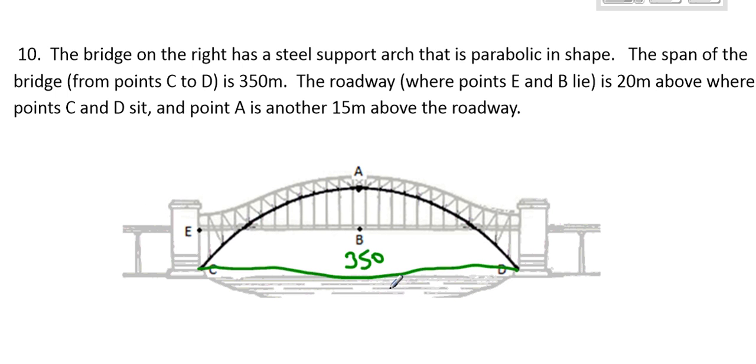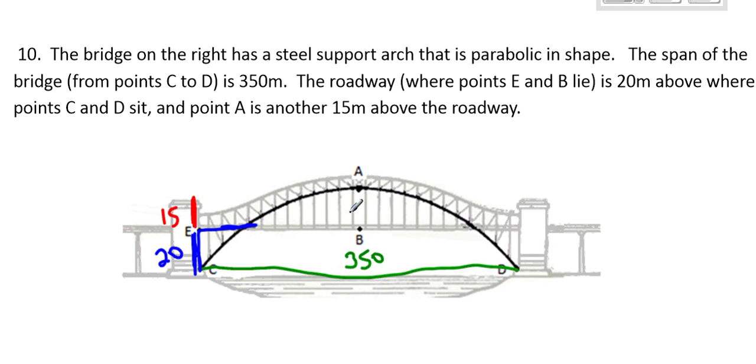The roadway where points E and B lie, so this roadway up here, is 20 meters above where this bottom span lies, and point A is another 15 meters above that.